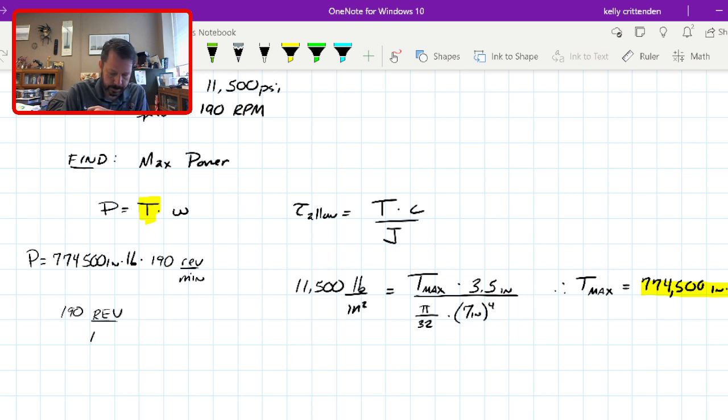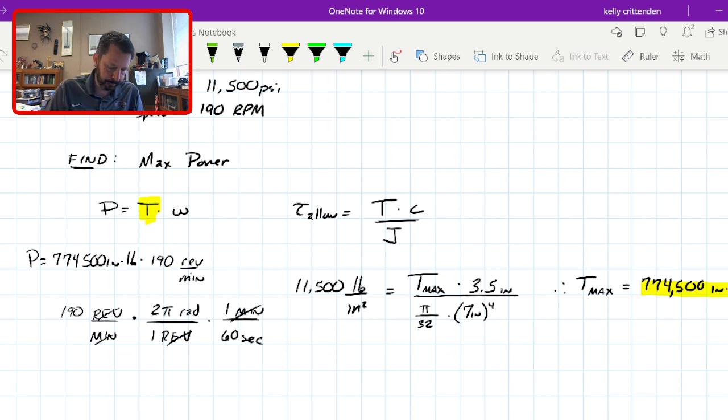Revolutions per minute converted to radians per second: one revolution is 2 pi radians, and 1 minute is 60 seconds. That will give me radians per second if I needed to convert it manually, like on an exam or something. But let's see what MathCAD can do.